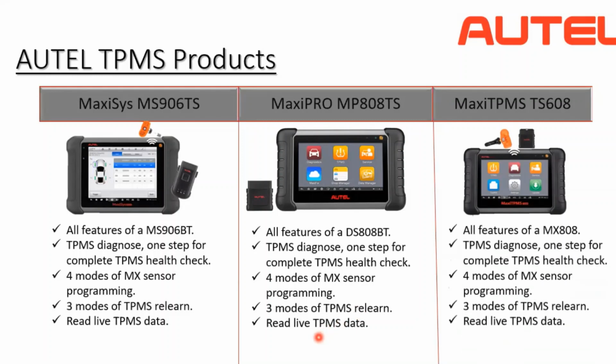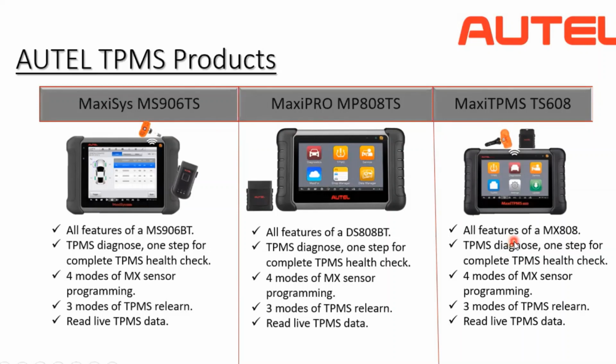The other tool is the Maxi TPMS TS608. If you are aware of Autel's MaxiCheck MX808 diagnostic or service tool, it has the same capabilities plus all the tire pressure monitoring system features, which is similar to the other 2 models which I've discussed before, MP808TS and MS906TS.